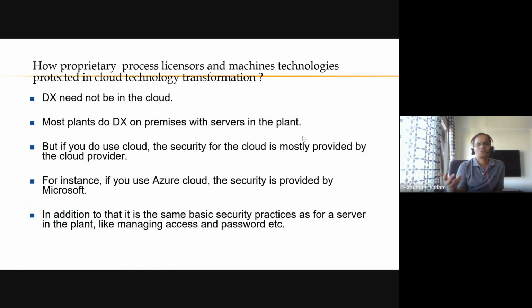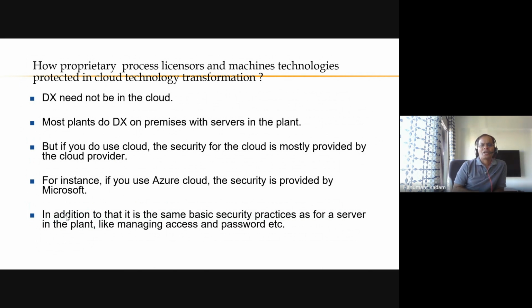Nowadays we see many cyber security incidents in industrial plants, also in commercial networks and society, especially in the electricity and water distribution networks. They always disturb social life. So if you don't want to use the cloud, then you put your server inside the premises.